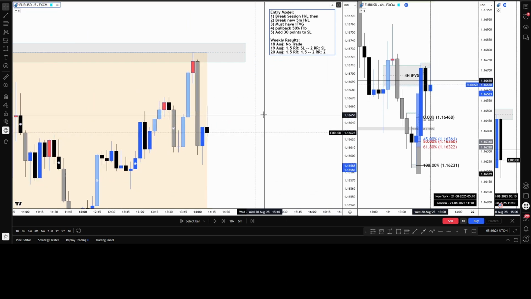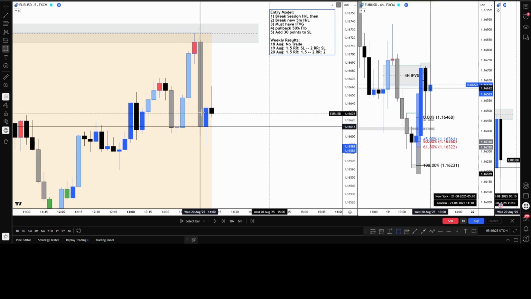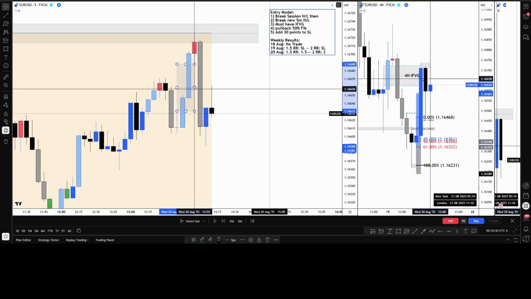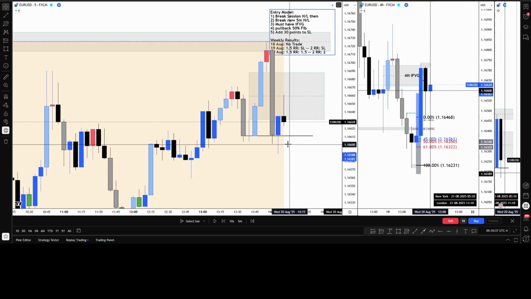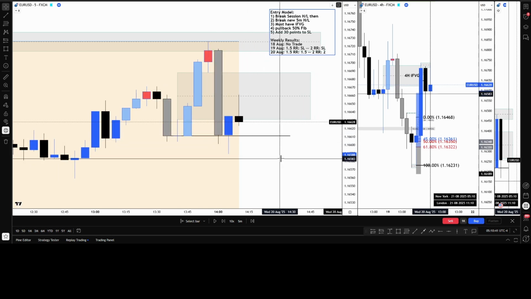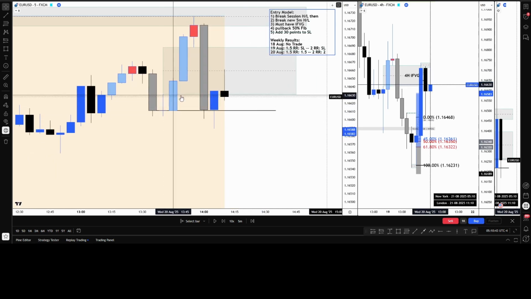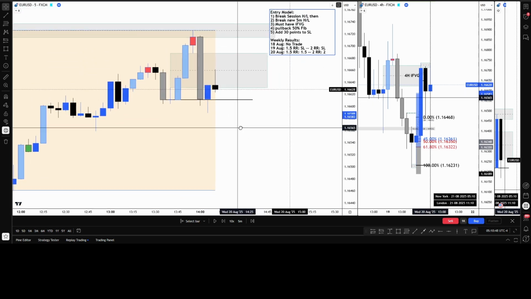The only low that I can see here that is a point of reference for a sell is this one. The problem is that we haven't closed below that low. See that? We haven't closed below that low, which means that we cannot use this. We can only use it as an entry model once price starts closing below it.